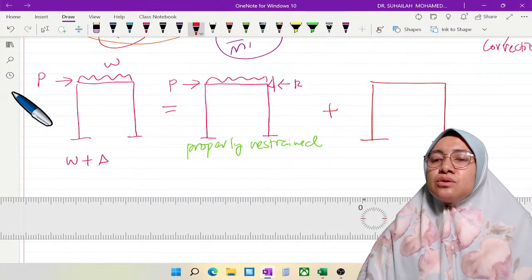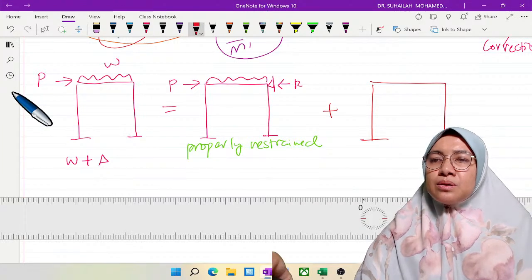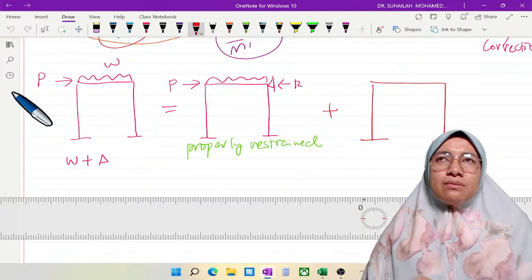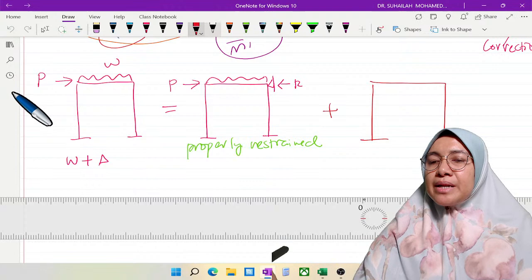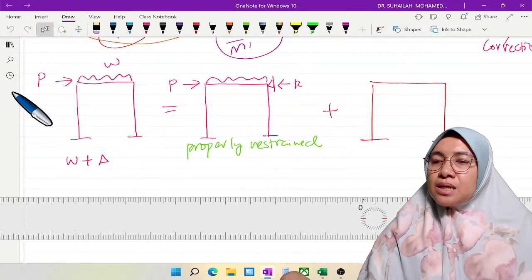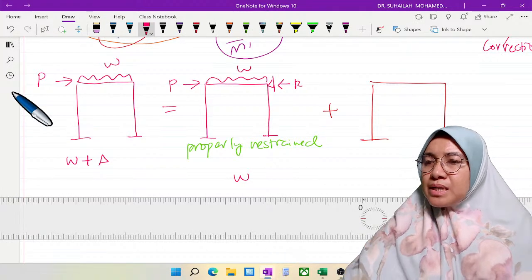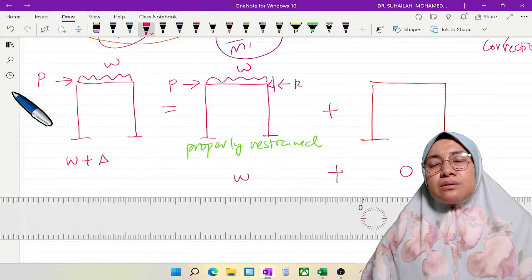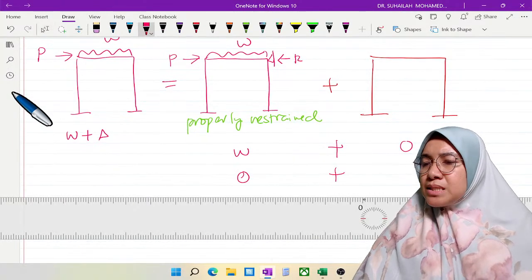We need to have W and delta in separate diagrams. So this one has W, and this one has no W, and then we have 0 plus delta.